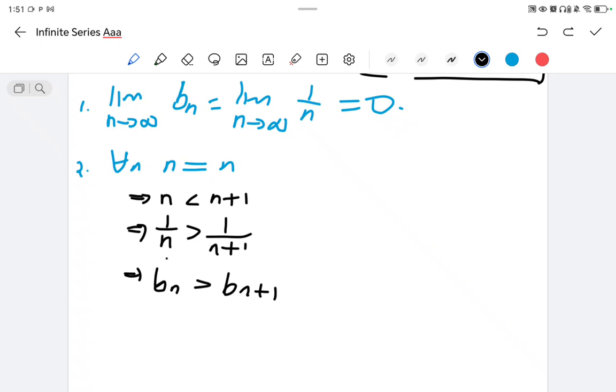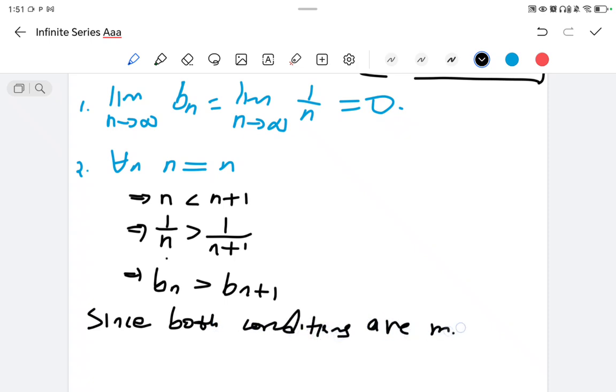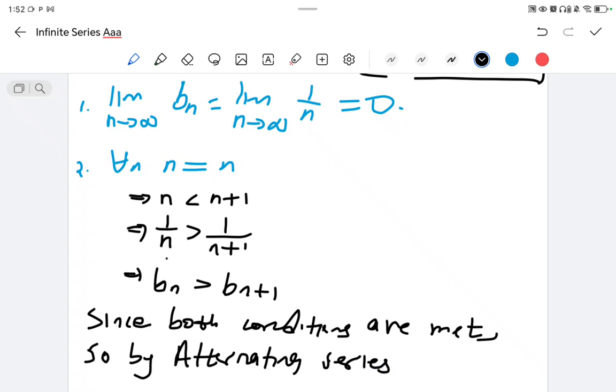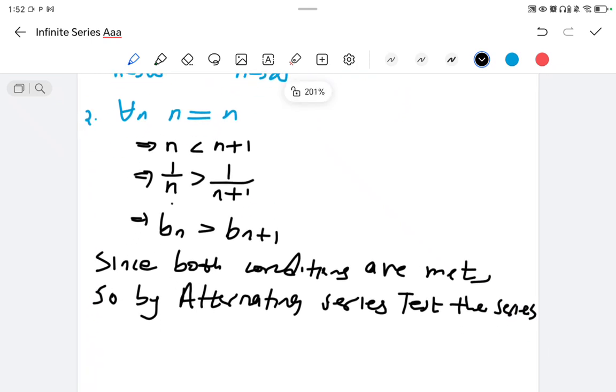So it means that you are going to say since both conditions are met, by alternating series test the series converges.